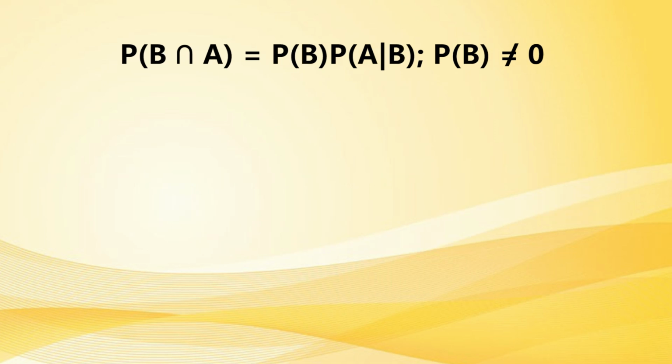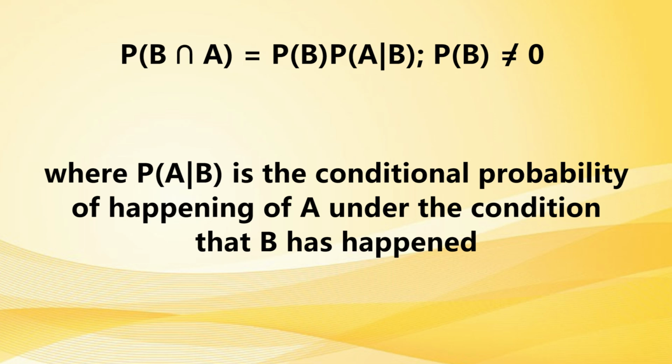Or it can also be stated as probability of B intersection A is equal to probability of B into probability of A given B, under the condition that probability of B is not equal to 0, where probability of A given B is the conditional probability of happening of A under the condition that B has happened.